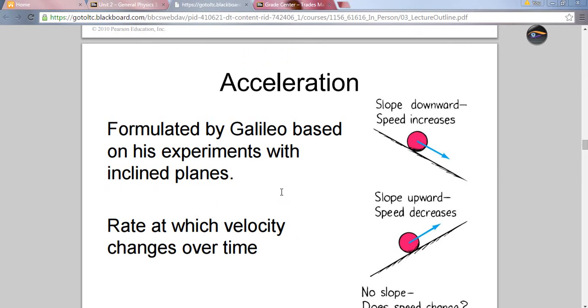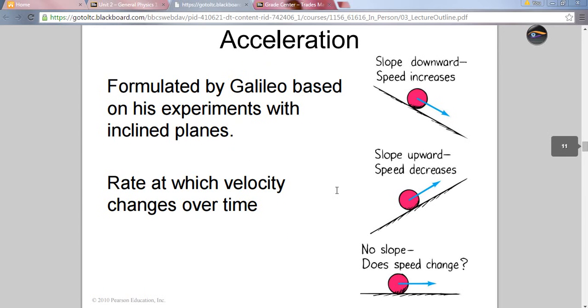But he saw that as the slope got steeper and steeper, the rate of acceleration would increase, meaning how fast those balls were going by the time they got down to the bottom also increased. So he observed that they were speeding up over time, and he was the first scientist to really identify acceleration.